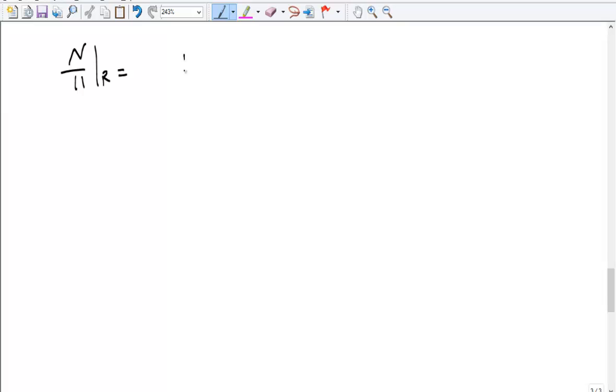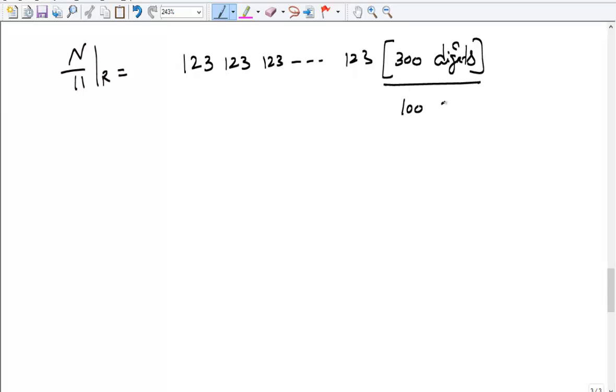Now, these are 1, 2, 3, 1, 2, 3, and 1, 2, 3, and so on, 300 digits. That is nothing but 100 clubs, or you can say clusters. Now, instead of 300, I'll solve this question a little later.